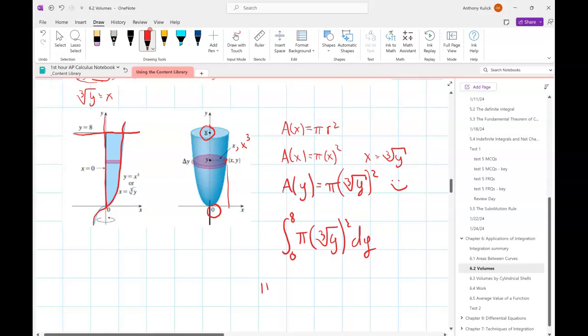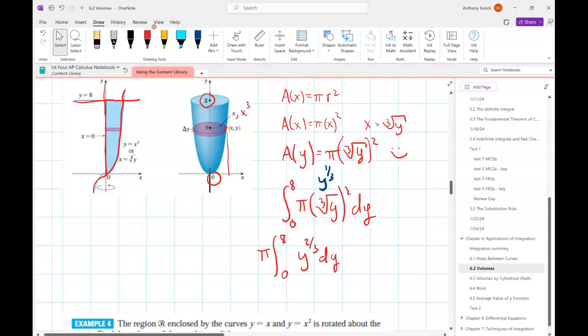So I can pull out the pi, and I'm going to simplify cube root of y squared. I know the cube root of y is y to the 1/3. So y to the 1/3 squared, we multiply our exponents. 2 times 1/3 is 2/3. And now I'm ready to do my antiderivative.